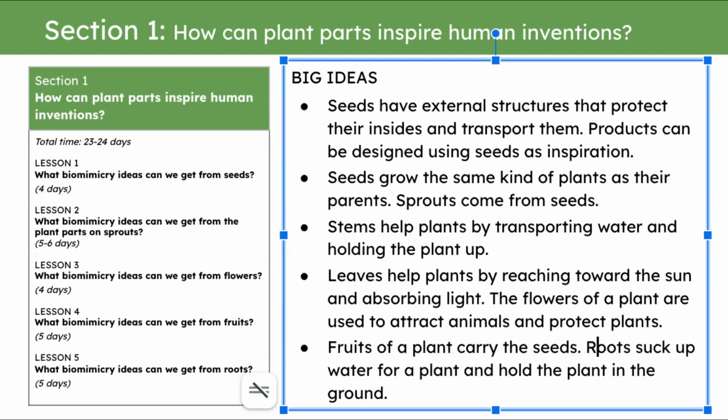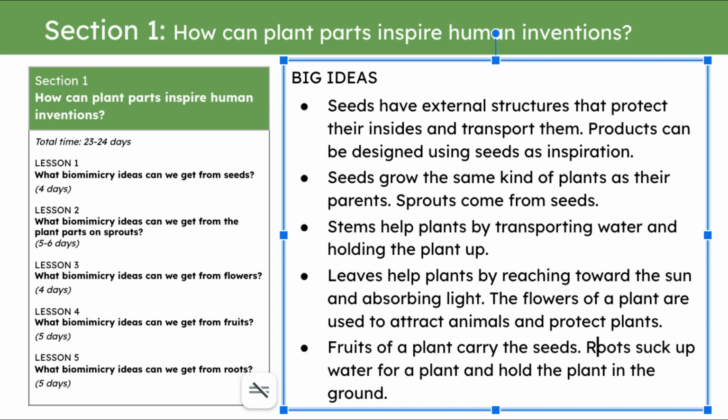Through the storyline in Section 1, students gain an understanding of these standards-based big ideas. Seeds have external structures that protect their insides and transport them. Products can be designed using seeds as inspiration. Seeds grow the same kinds of plants as their parents. Sprouts come from seeds. Stems help plants by transporting water and holding the plant up.